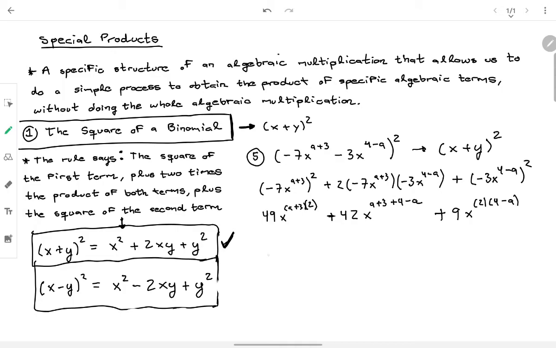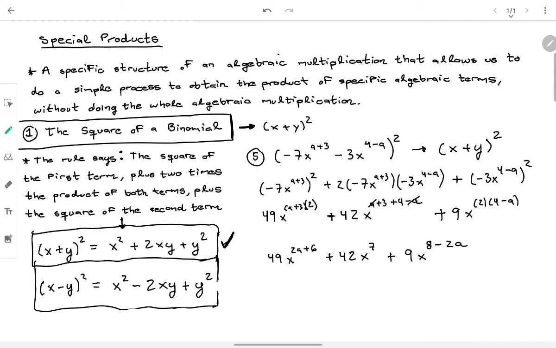So in this case, the final answer is 49x to the 2a plus 6. Here we will have a minus a, so it will be plus 42x to the 7 plus 9, and it's going to be x to the 8 minus 2a.